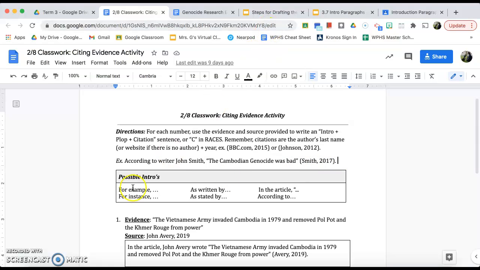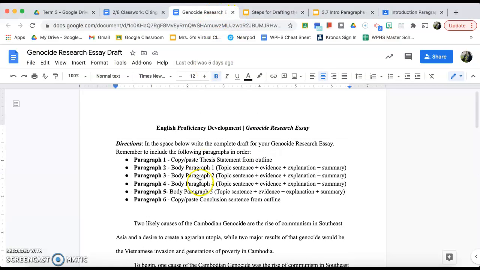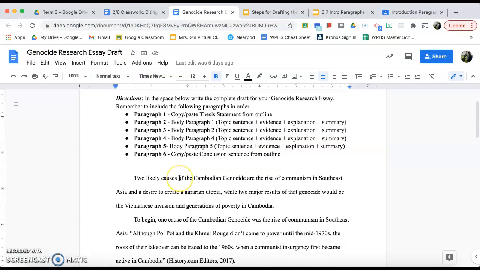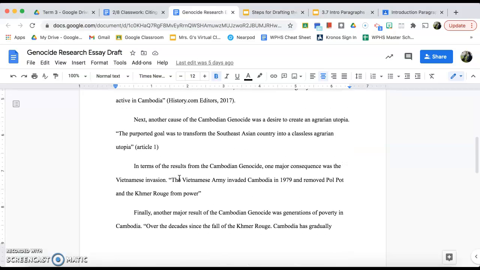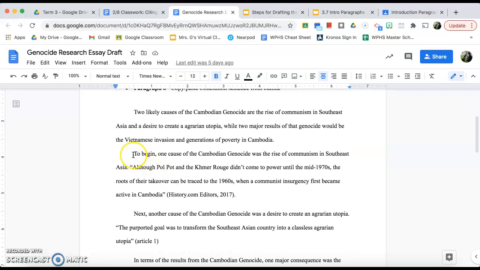So before each of your quotes, you can use any of these possible intros. For example, for instance, as written by, as stated by, in the article, or according to. So when I'm looking at my essay draft, this is what it should look like if you're at this point. So for each paragraph, after your topic sentence, you have your evidence sentence.